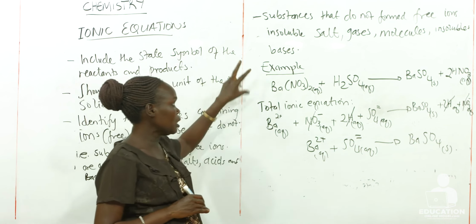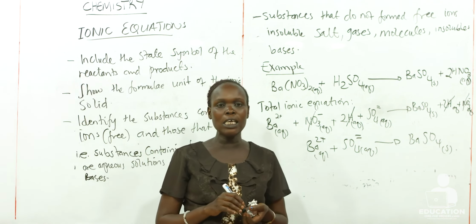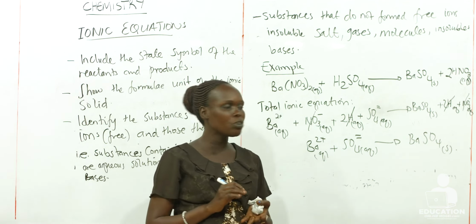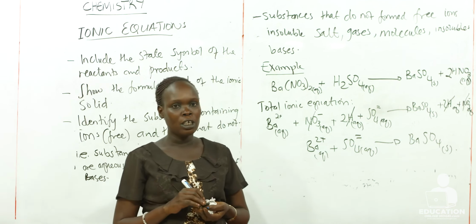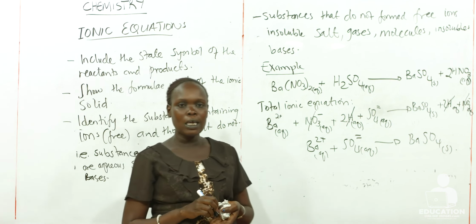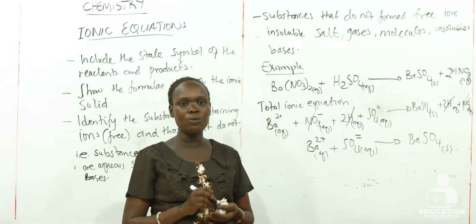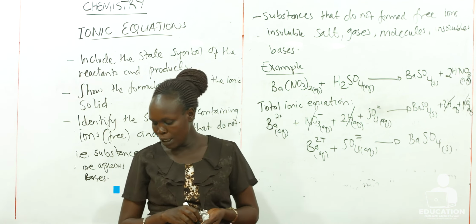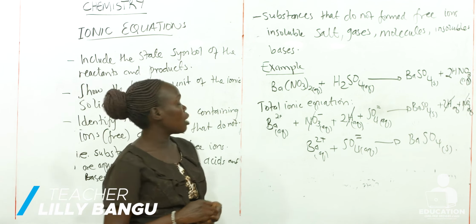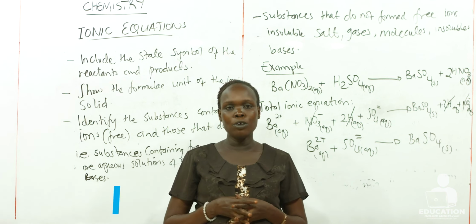You need to remember that when you have a balanced chemical equation and you indicate the physical states, then you will know which ones can dissociate and which cannot. The ionic equation is very important in chemical reactions, because it shows you which ions are spectators and which ones are not. With this, learners, we have come to the end of this lesson on ionic equations, and we need to remember them whenever we are dealing with chemical reactions.